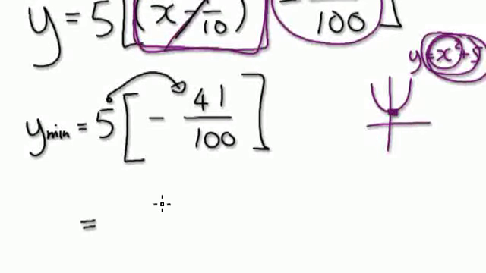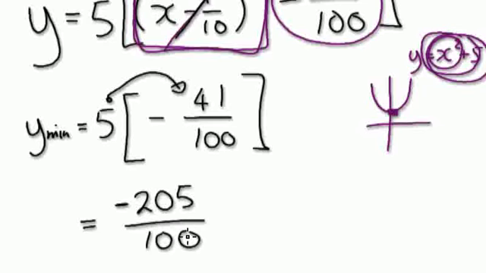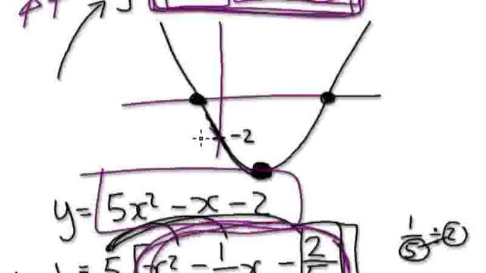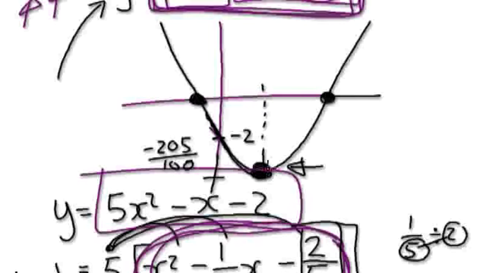So 5 times 41 would be 205. So it's going to be minus 205 over 100. So this point here is minus 205 over 100.